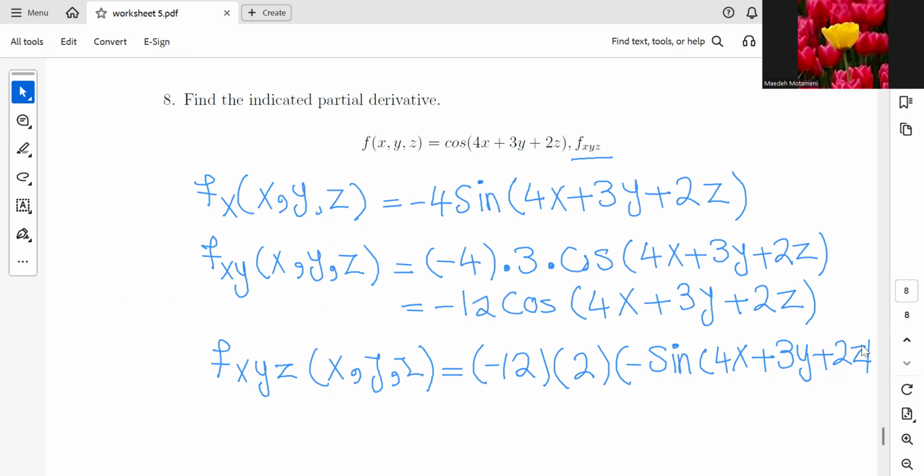And we can simplify this as 24 sine of 4x plus 3y plus 2z.